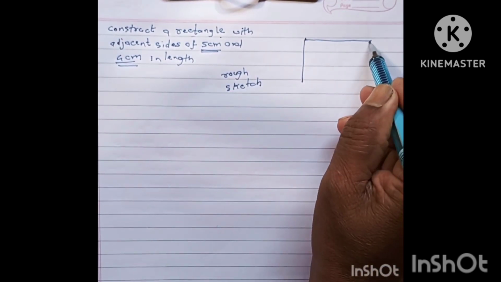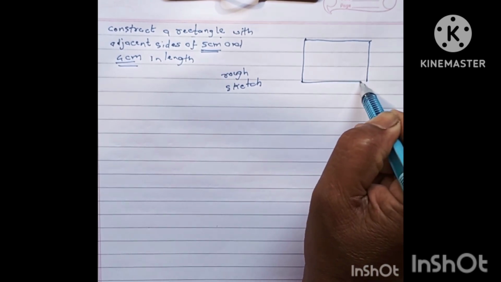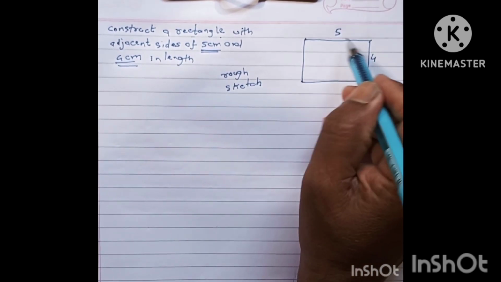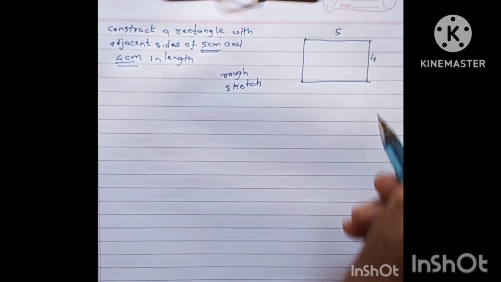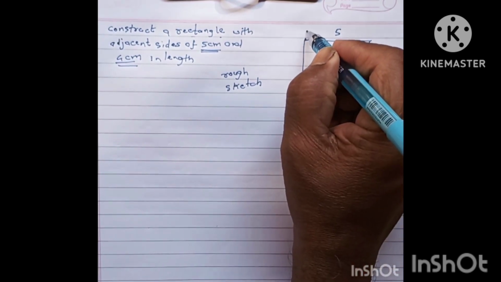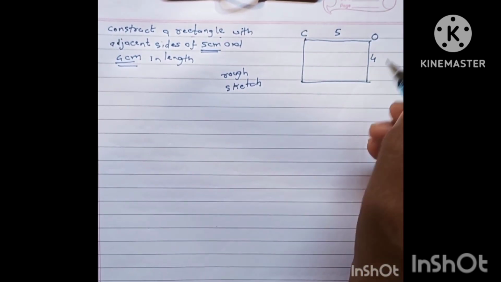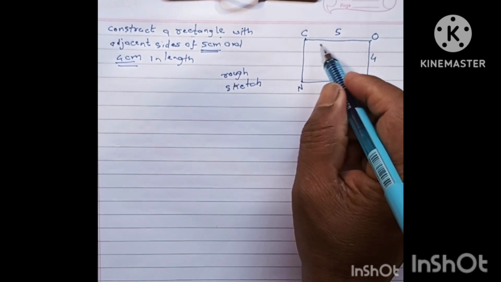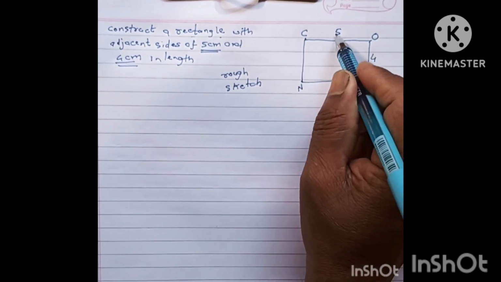And 2 sides are given. So this is 5, this is 4. Now give some names so that it will be very easy for you to understand and discuss. So COIN, these are the names given to all the vertices. And now the properties of rectangle.